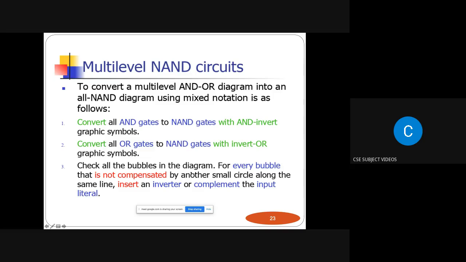For every bubble that is not compensated by another small circle along the same line, insert an inverter or complement the input literal. So these are the steps we have to follow for converting the AND-OR circuit diagram to NAND diagram. We can convert all the AND, OR, NOT gates to NAND gates.